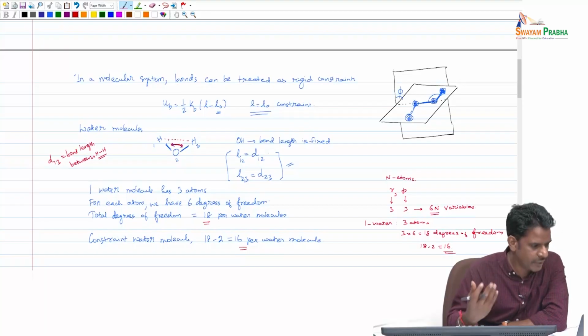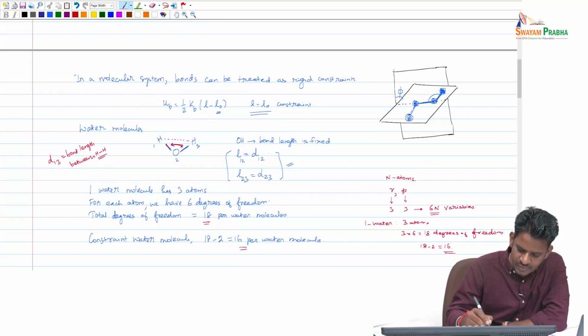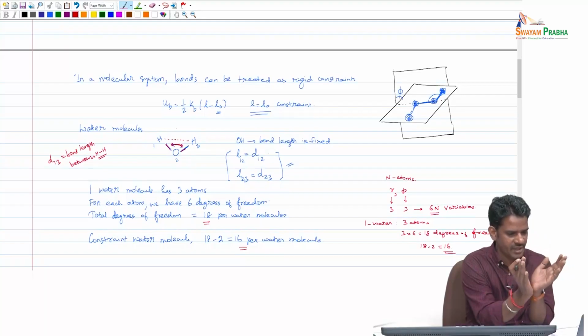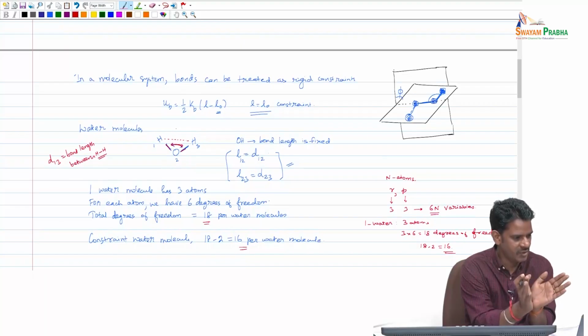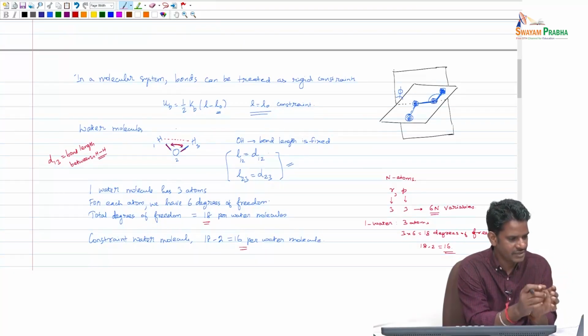So, you have a choice of what to constrain and what not to constrain. In this particular example that I showed in the class, I am constraining only the 2 OH bonds, and I am letting the HH vibrate, so the angle can open and close; it can be quite flexible.